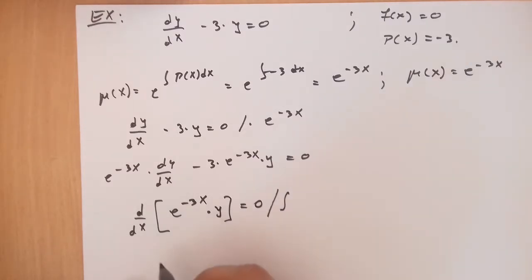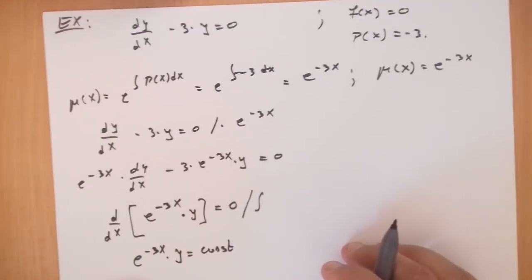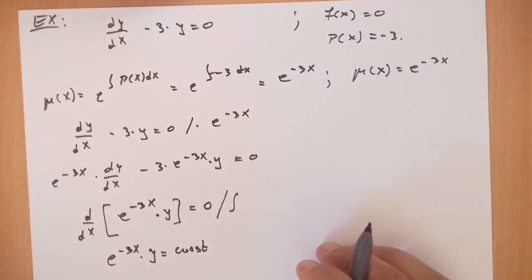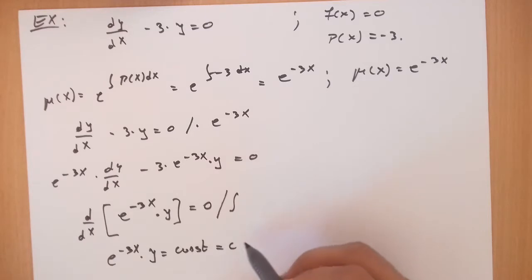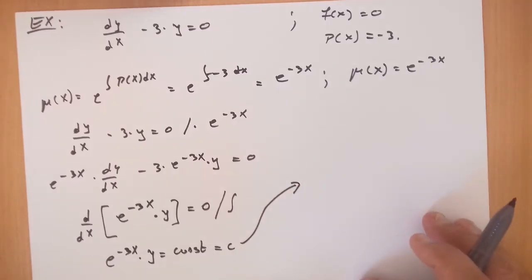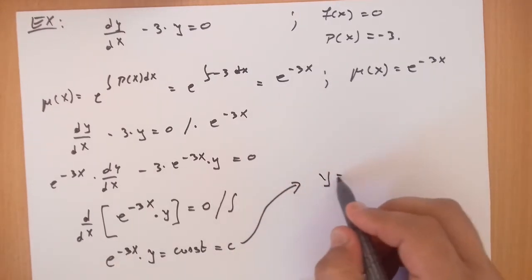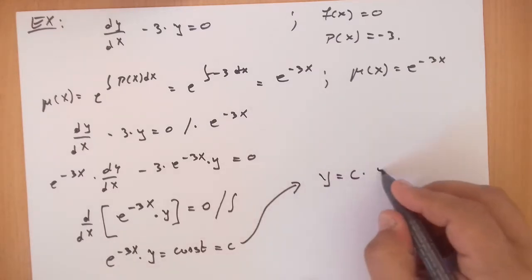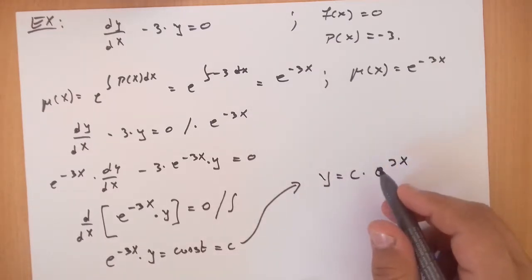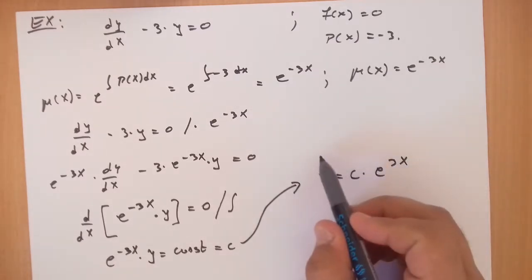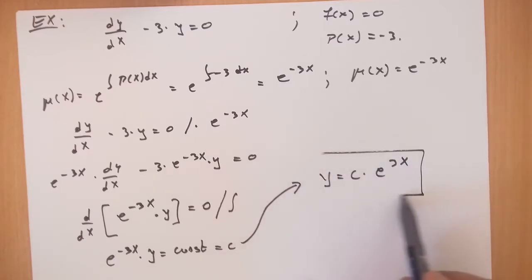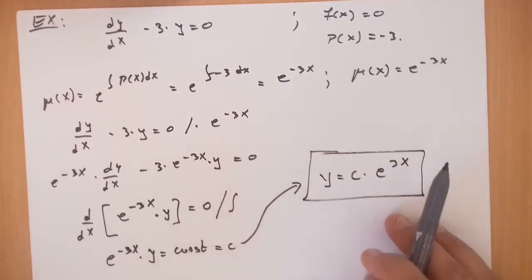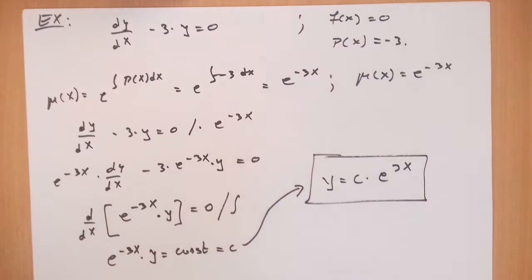So we have e to the minus 3x times y equal to a constant, or c. We have here y is c times e to the 3x. So this is the solution of this differential equation.